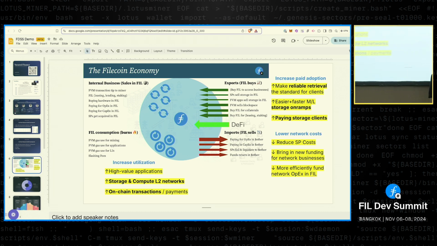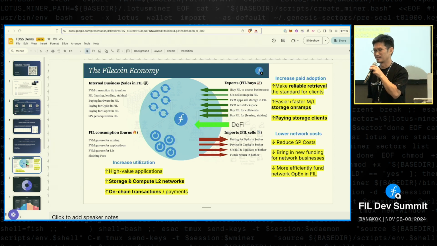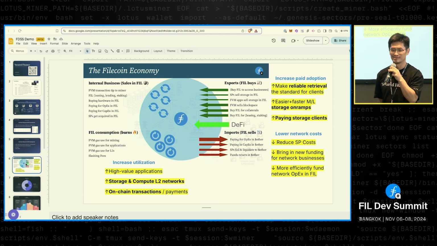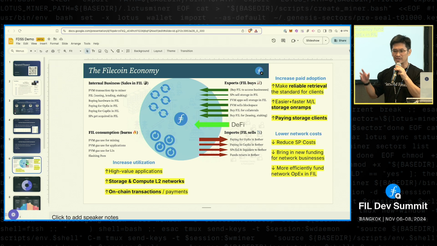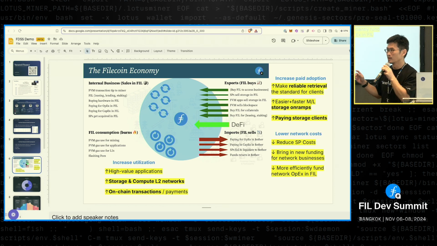How are you going to drive demand for people to want to own USDFC? Why will people want to hold USDFC? Yeah, that's another question. So first of all, there's a lack of stablecoin, so we try to bring one backed by Filecoin.